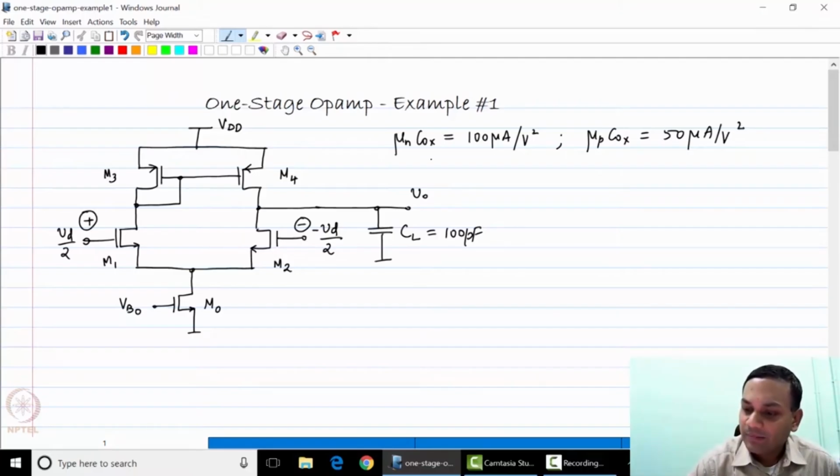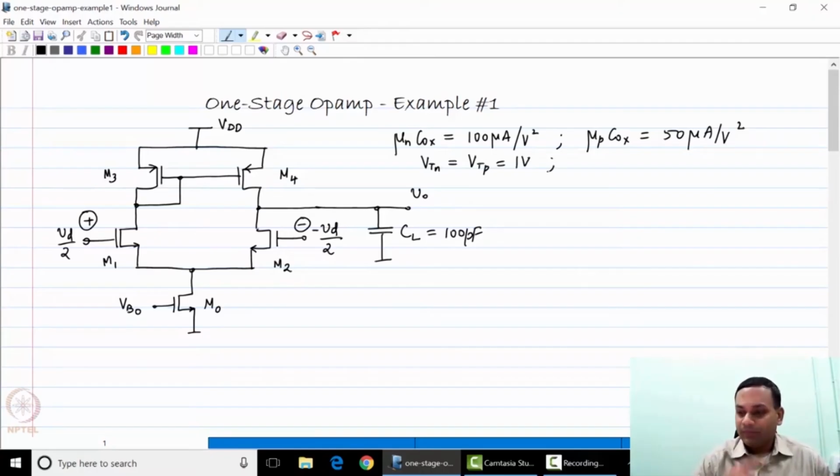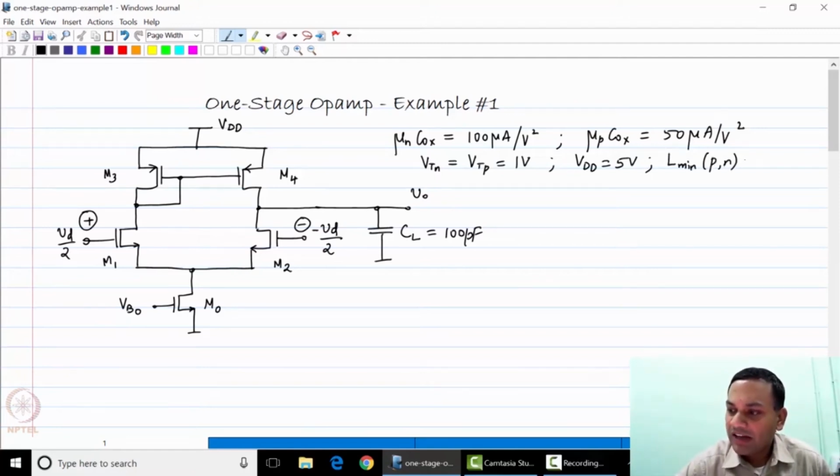Let us say that VTN is equal to VTP is equal to 1 volt, and let us say that the supply voltage is 5 volts, and let us say that the minimum length possible for the PMOS and NMOS is 0.5 microns, and lambda n and lambda p are equal to 0.02 volt inverse for L-min.